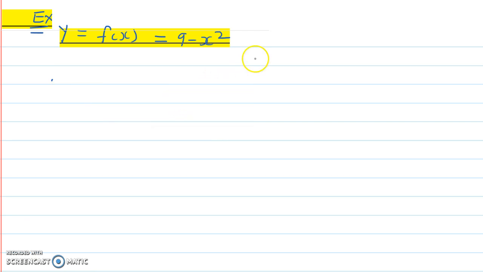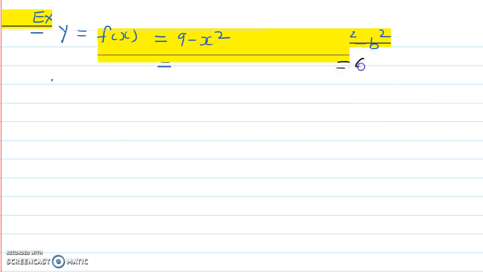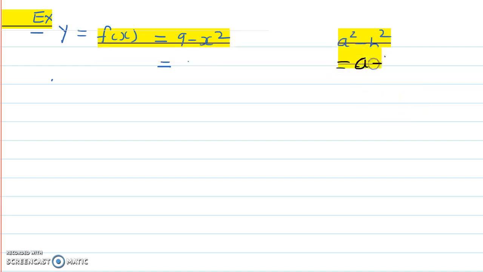So let's sketch it. We know this rule: a square minus b square is equal to a minus b and a plus b.